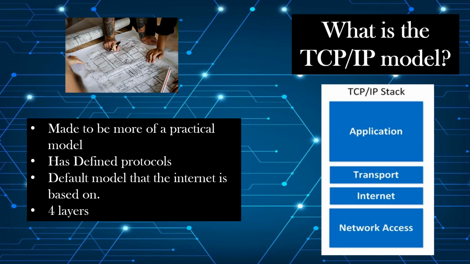The TCP/IP model defines protocols such as TCP, IP, and UDP. The TCP/IP model is composed of 4 layers: the network access layer, the internet layer, the transport layer, and the application layer.